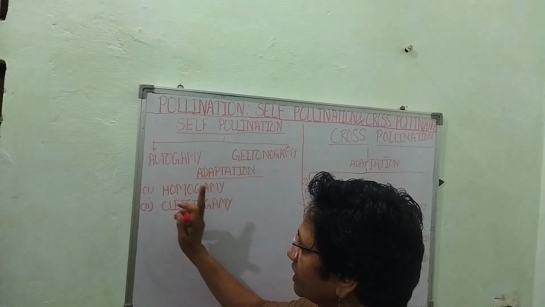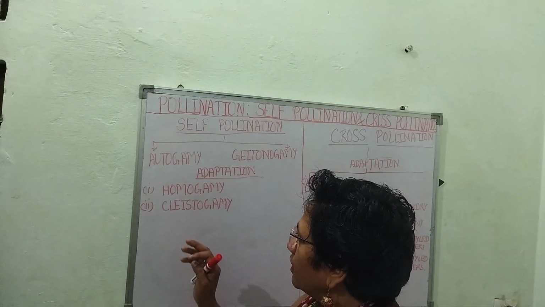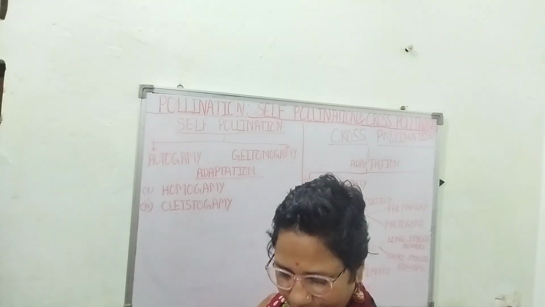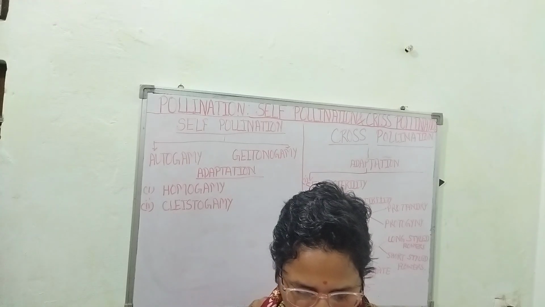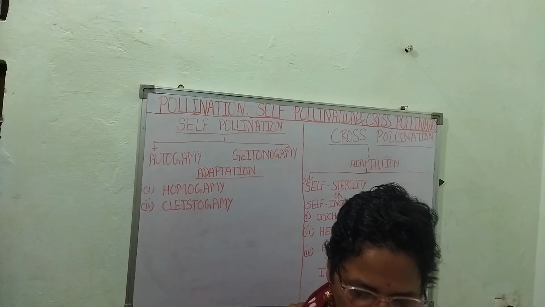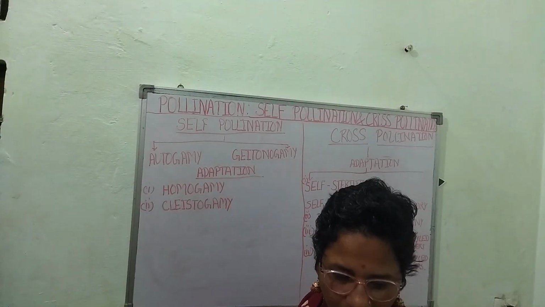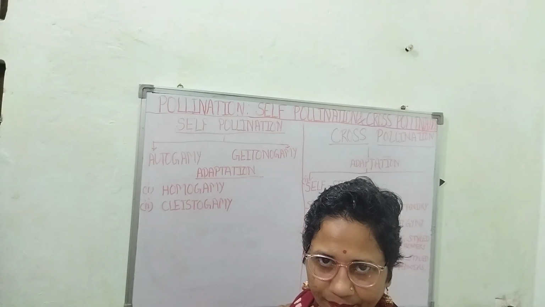Adaptations or contrivances for self-pollination are of two types: homogamy and cleistogamy. Homogamy means a condition in which anthers and stigma of a flower mature at the same time.